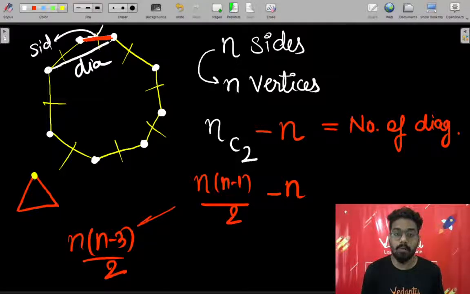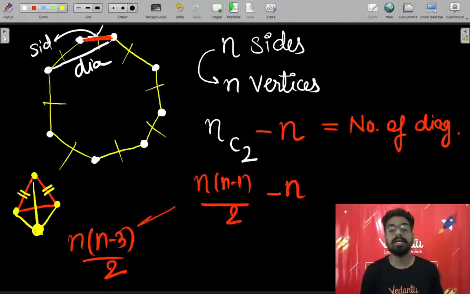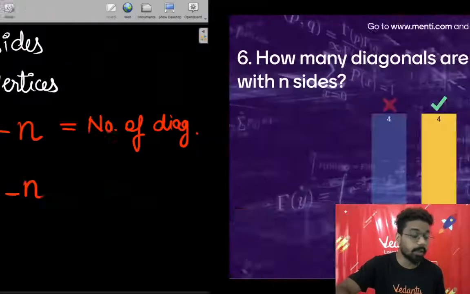So if this is one of the points, the second point can be this, but this will draw a side. Other point can be this and this will draw a side. And we are not counting sides, we are counting diagonals. And for this we will need the 4th point. And in a rectangle, we can draw one diagonal from every point. So the answer over here is n into n minus 3 by 2 is the number of diagonals. It's a very good question.